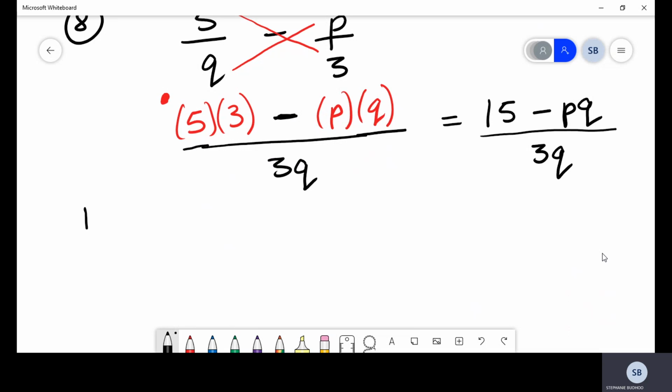So if you wanted to, whenever you have a numerator that has several parts, but your denominator is one term, only if you have one term on your denominator, you can separate your fraction in the following way. How many terms do you have on your numerator? 2.